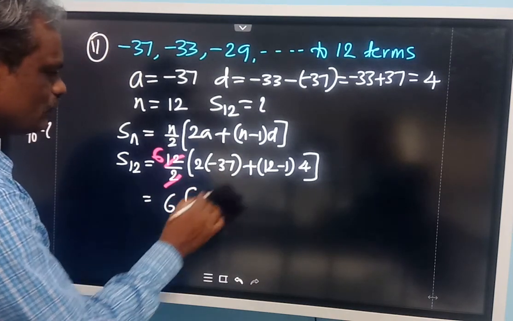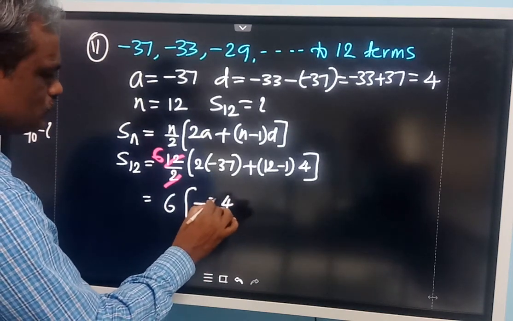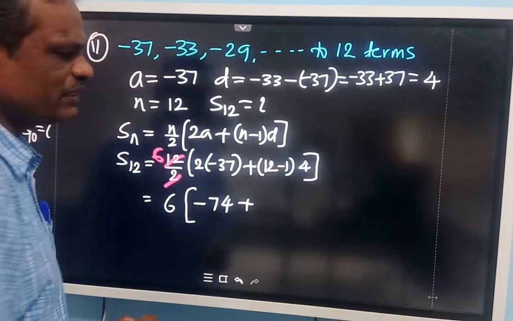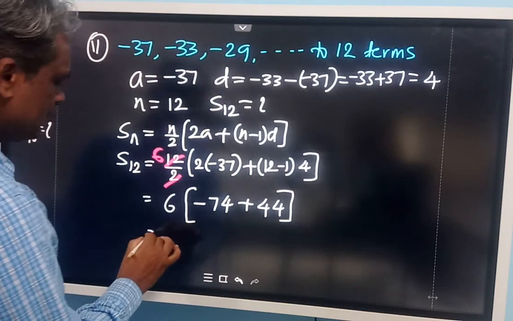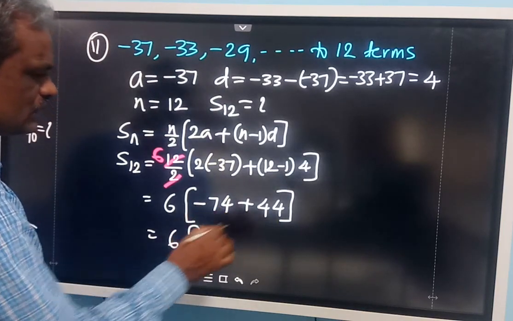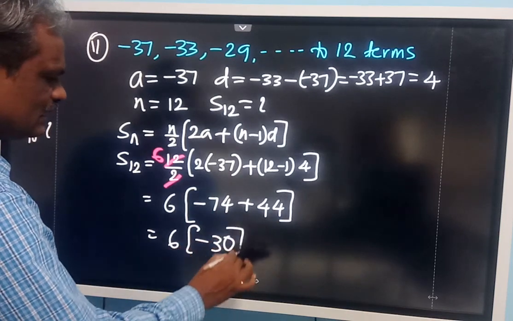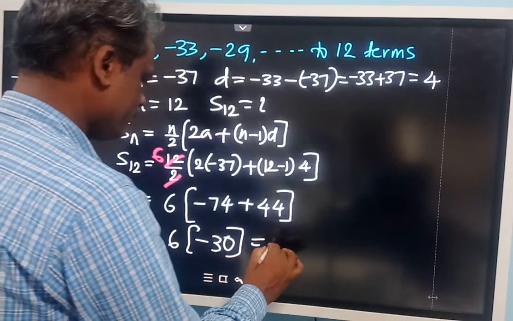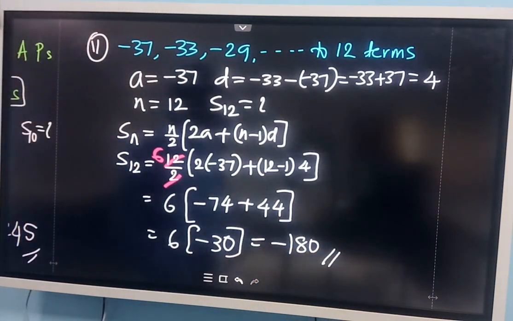Inside the bracket, minus 74 plus 11 into 4, which is 44. So now that is 6 into minus 30. So your answer is minus 180. Minus 180 is the solution.